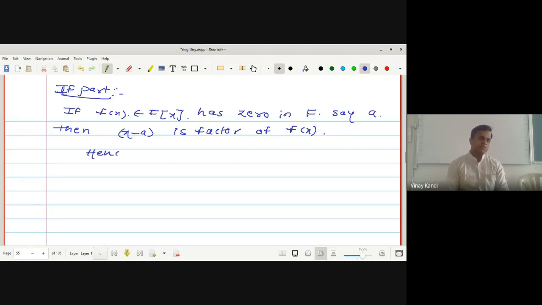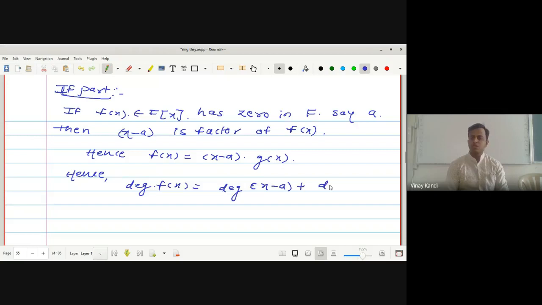Hence we can write f(x) = (x minus a) g(x). Hence degree of f(x) is equal to degree of (x minus a) plus degree of g(x), where g(x) belongs to F[x].